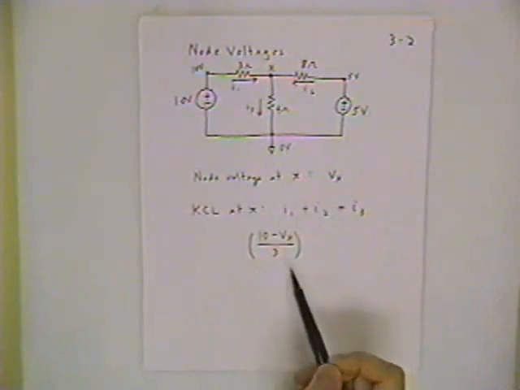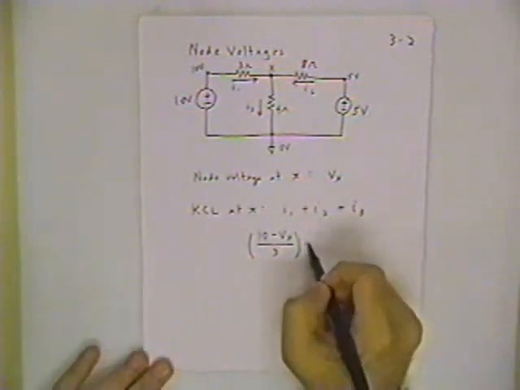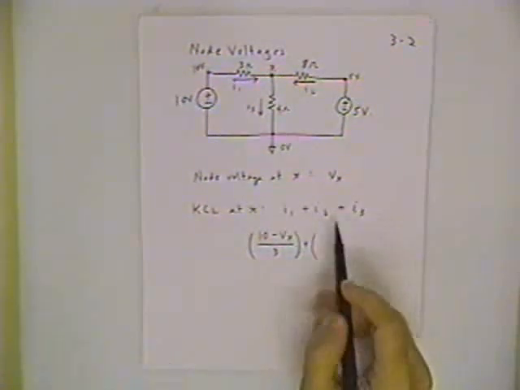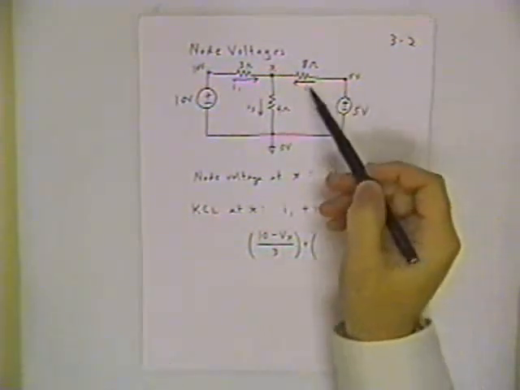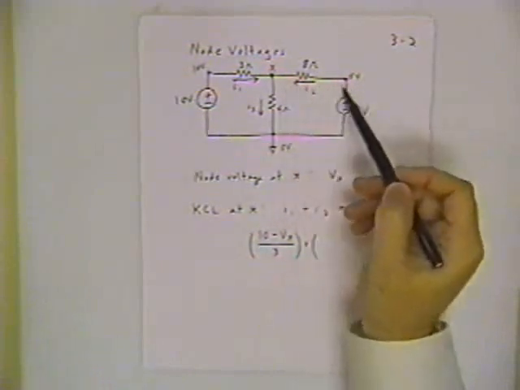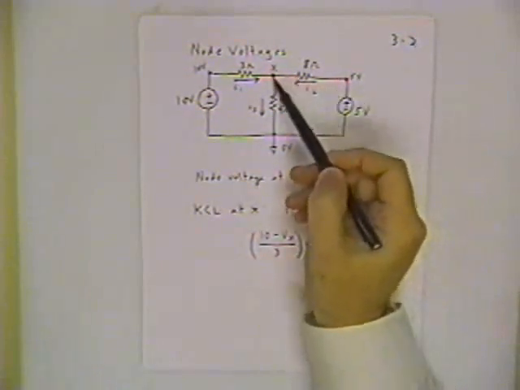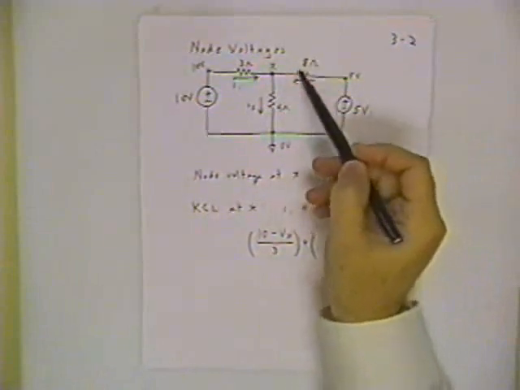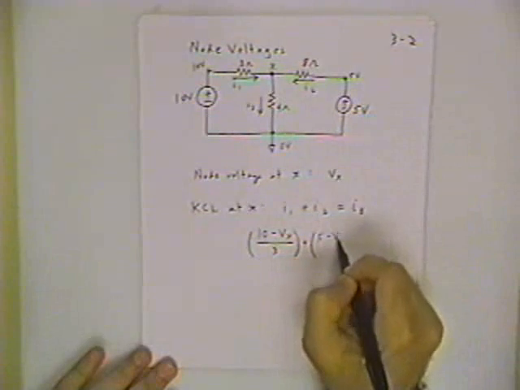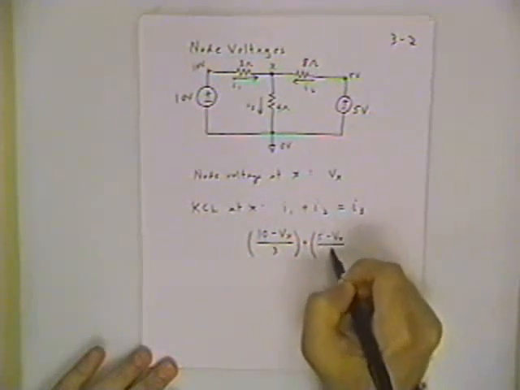It happens to involve an unknown quantity, but as soon as we finish writing the equation, we can solve for that unknown. What you would write for I2: the current I2 is going from higher to lower potential in this left-hand direction, from 5 volts to V sub X volts through an 8 ohm resistor. And so I would write 5 minus V sub X, divided by 8.